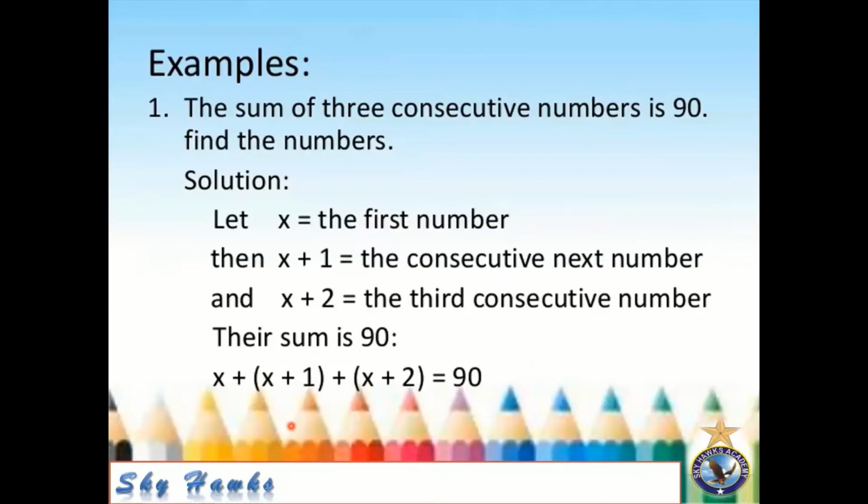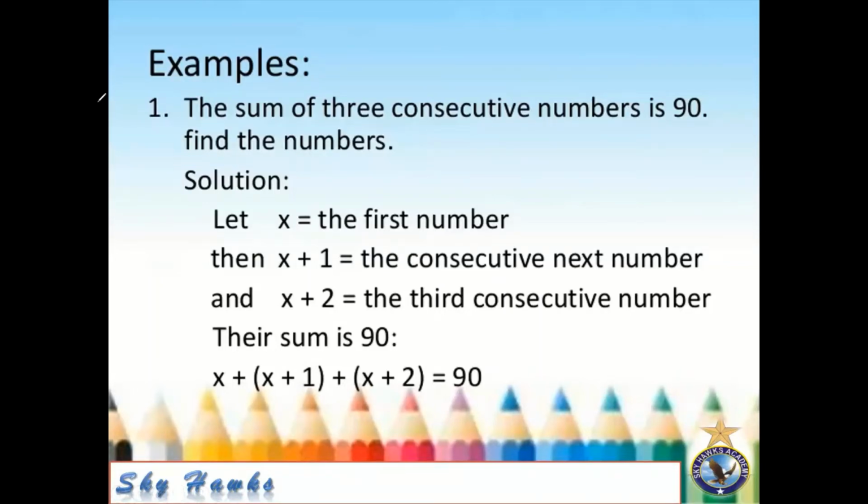Did you hear it? I said 3x plus 3. So you are looking for the three consecutive numbers whose sum is 90. Not getting any idea? What's wrong? The equation is given: this x plus this x plus this x, 3x. Oh, let me solve this. Okay, it's just mental mathematics.